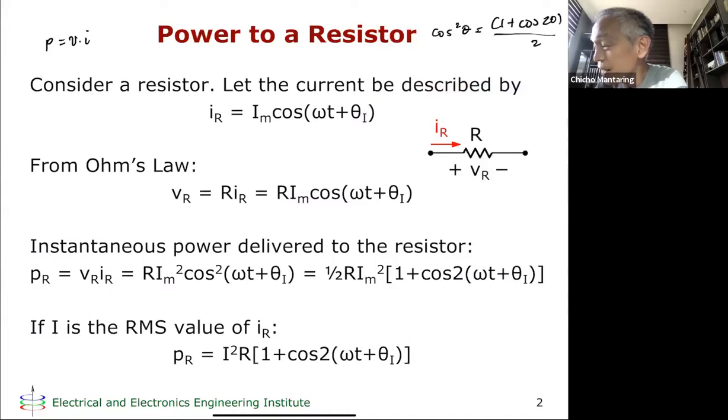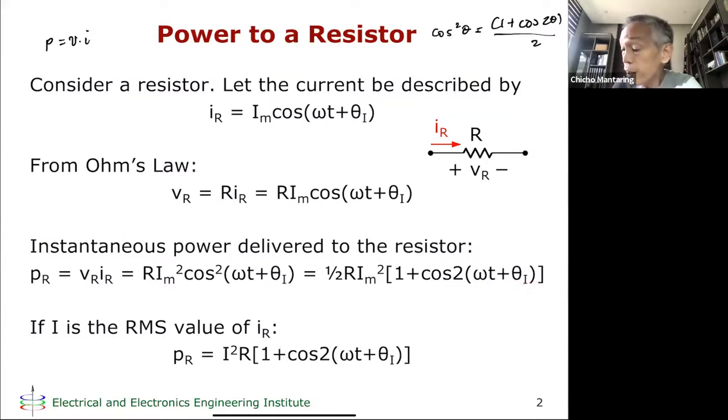That's the identity I was looking for. So this cosine squared omega t plus theta I, I can convert that to 1 plus cosine 2 omega t plus theta I, over 2.